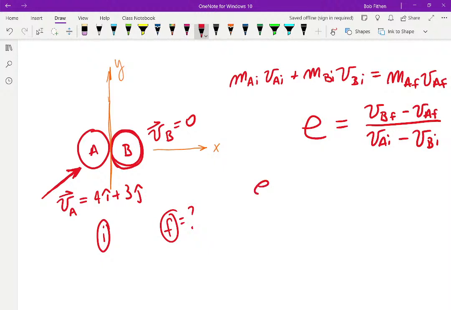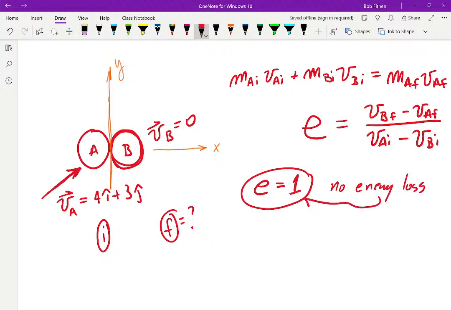So I'm going to say for the moment, the coefficient of restitution is just 1. So it doesn't lose any energy in the impact. And we talked about that last time. So if somebody ever tells you the impact has no energy loss, then that immediately should draw you to that conclusion. But let's go ahead and work this problem.